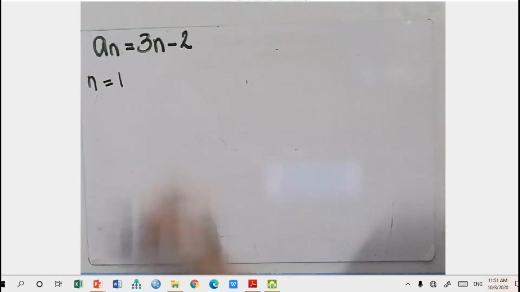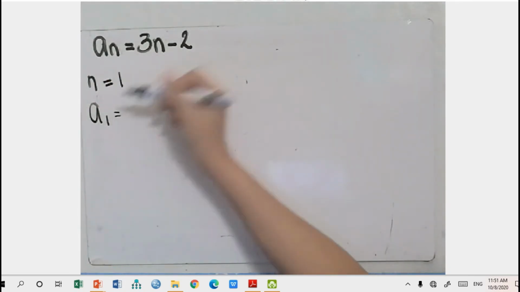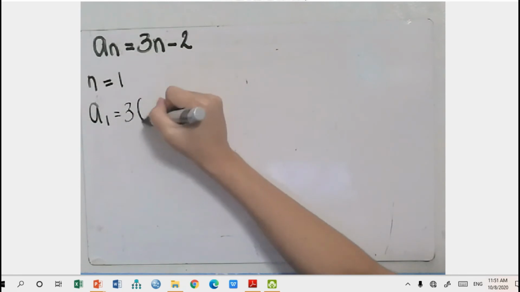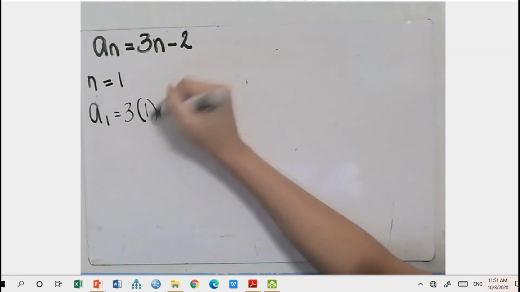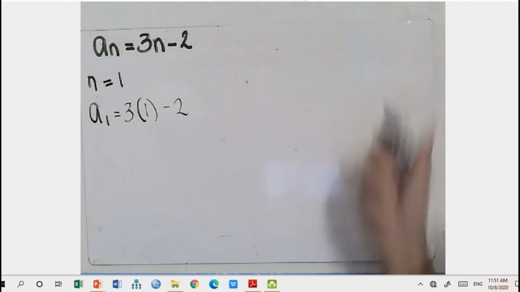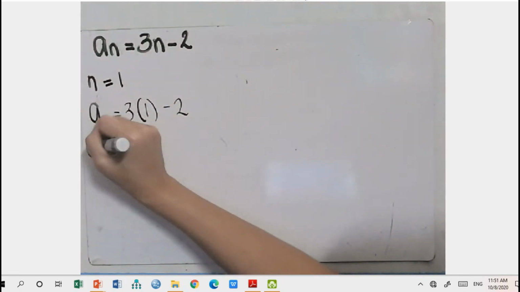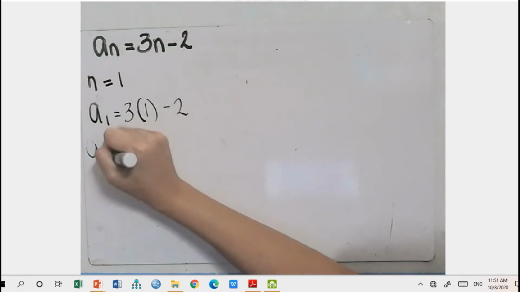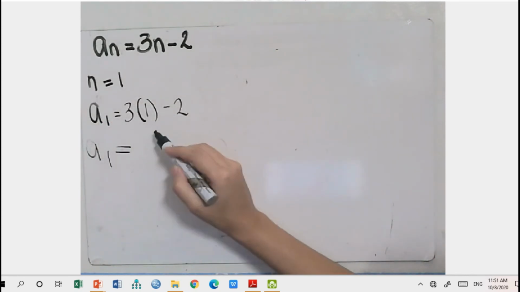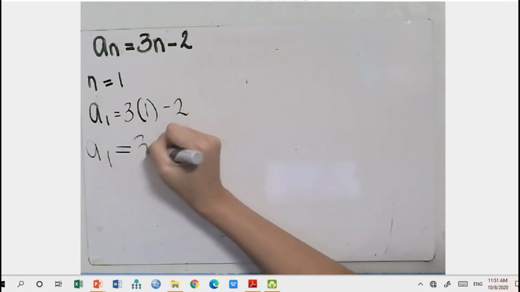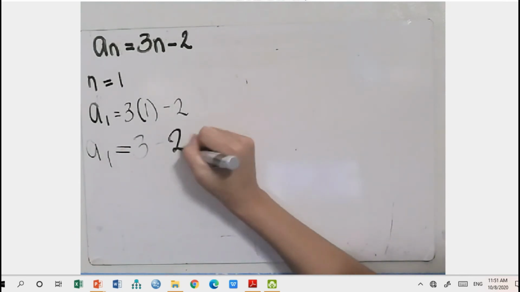So that will give us a sub 1 is equal to 3 times n, which is 1, minus 2. Then we have a sub 1 is equal to 3 times 1, that is 3, minus 2.